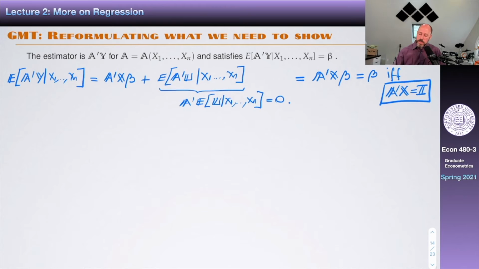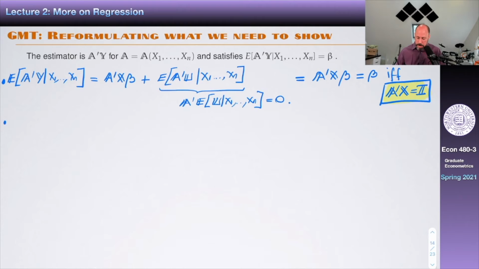That's the first restriction that this a should satisfy in order for the estimator to have conditional expectation equal to beta. Otherwise, that won't hold. So that's the first element. We already learned that this a needs to satisfy that restriction.